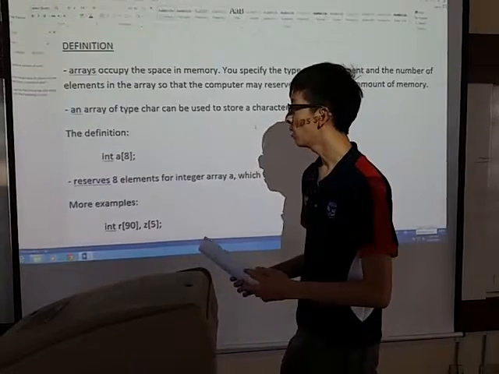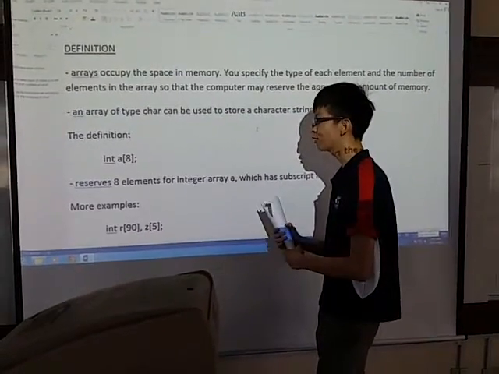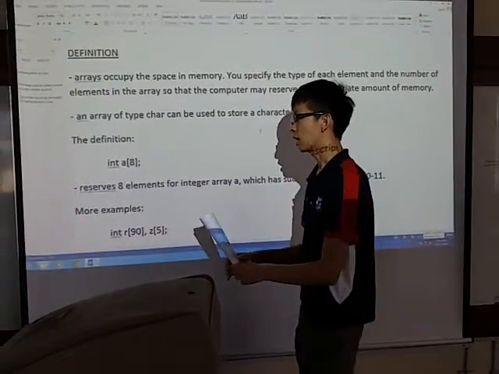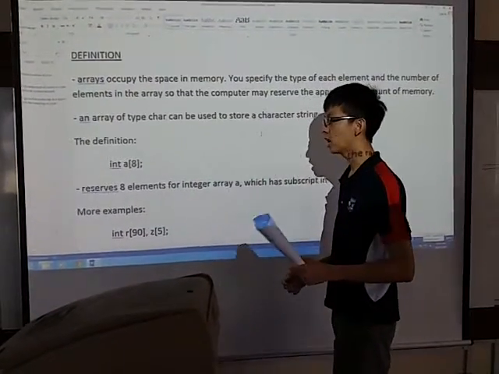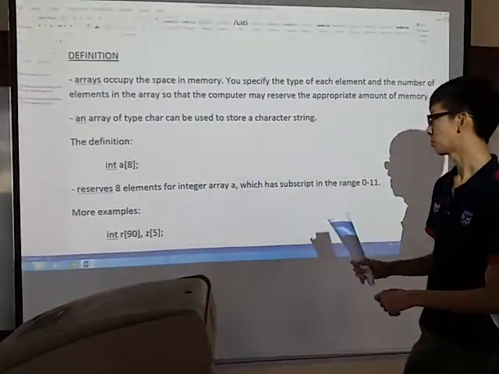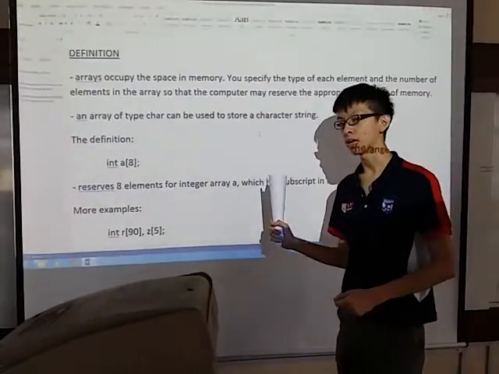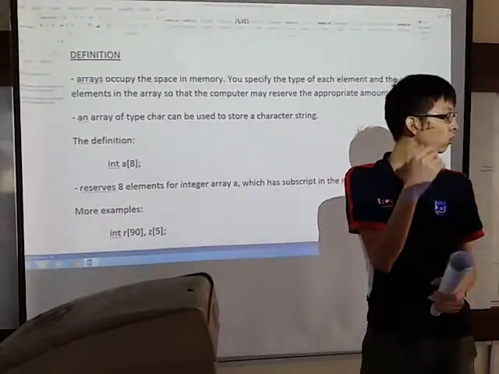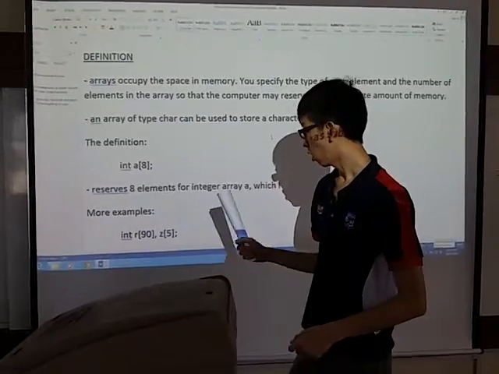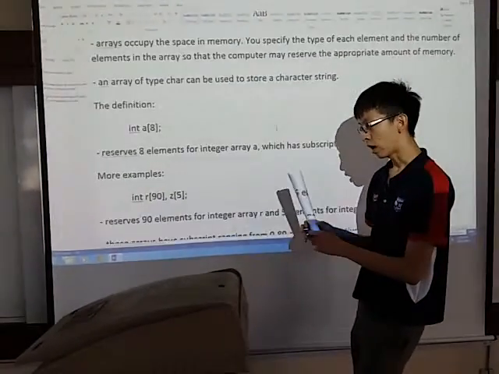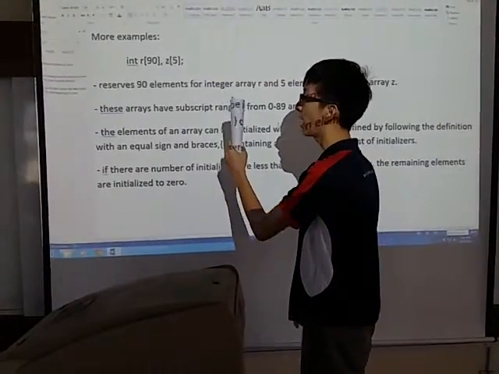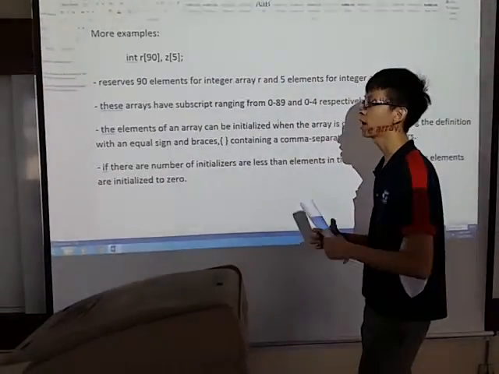int a[12]. This statement means it is going to reserve 12 elements for integer array a, which has subscripts in the range 0 to 11. So let us look at more examples. int r[90], and also int z[5].